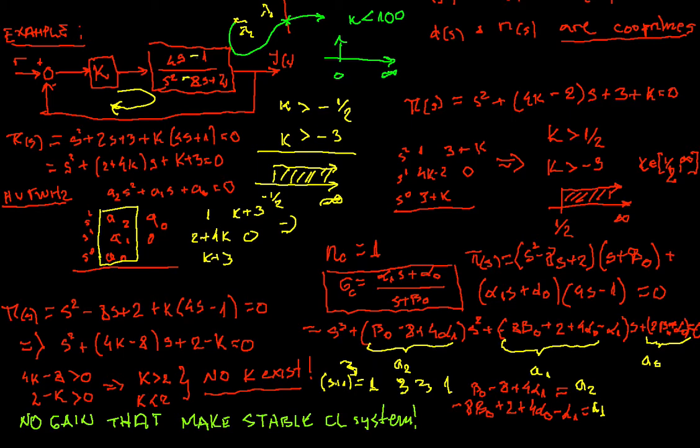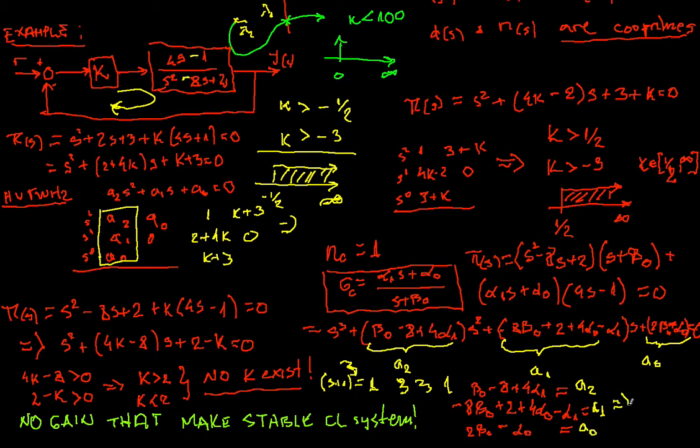And the last one is 2 beta 0 minus alpha 0 equal again A0.